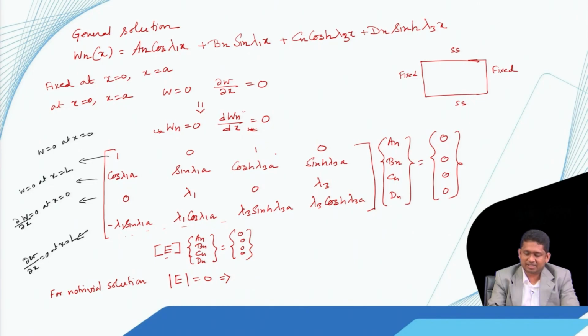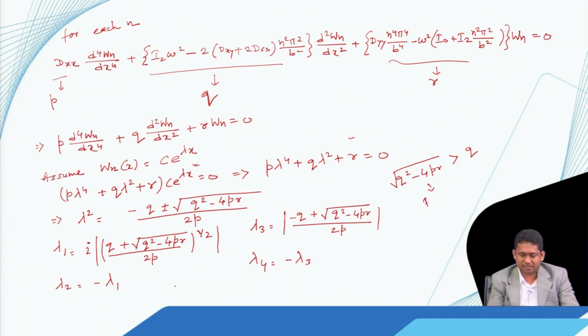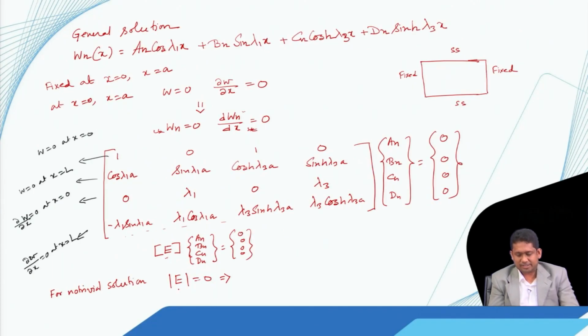finally these equations are in the form of lambda 1 and lambda 3, and we have seen that lambda 1, lambda 3 are all functions of, if I just go back, all functions of P, Q, R, and P, Q, R are functions of omega square. So in this equation, determinant of E equal to 0, the only unknown is omega or omega square, so from which we can find out the omega.